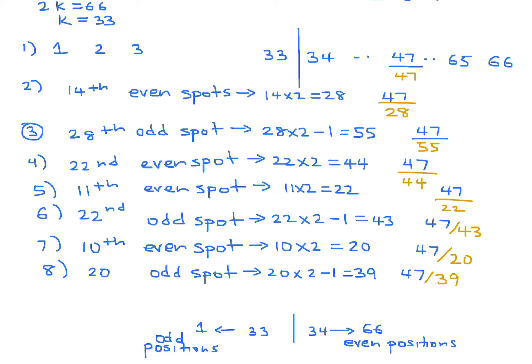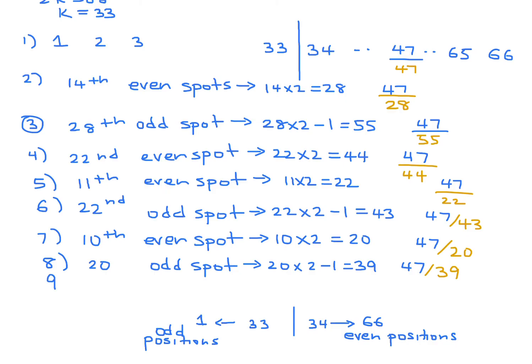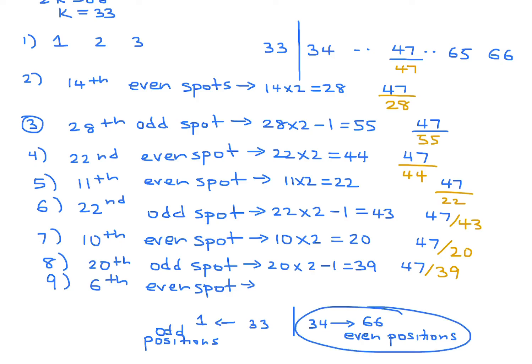All right. Let's keep going here. Number 9. Well, 39 is the sixth number in that half. So it would be now the sixth even spot, because 39 is in this category here.